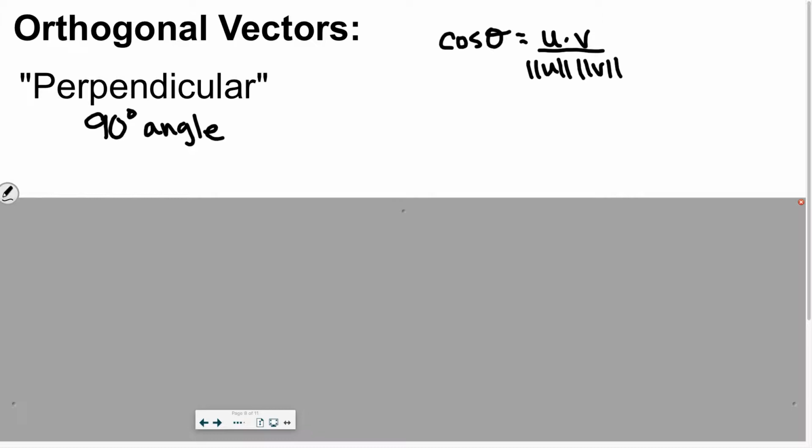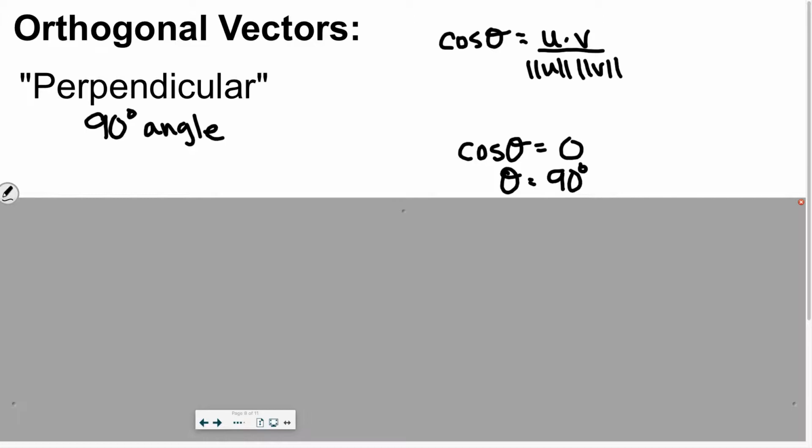And we said that would get us the angle between two vectors. And we're saying in the end, the angle is 90. What is the cosine of 90 degrees? 0. So the step before that would have been cosine theta equals 0.